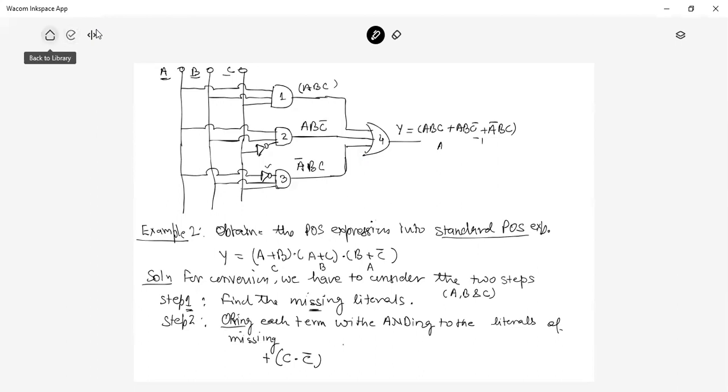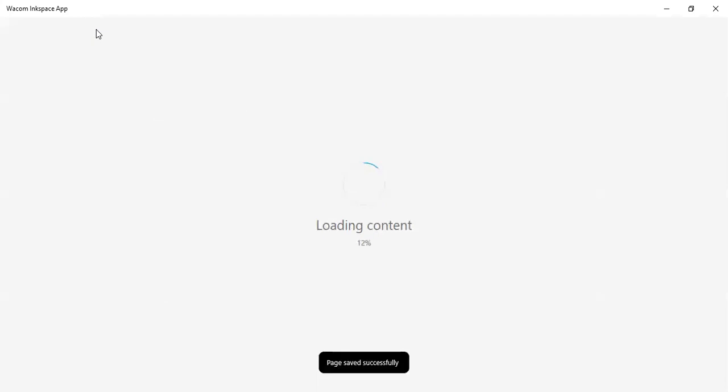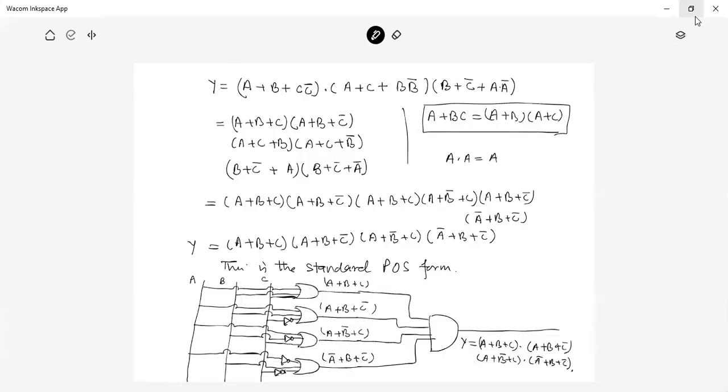So we can do these things as follows. For the missing literal, here C is missing. So ANDing with C complement and then ORing. So first is ANDing, and this is the ORing.